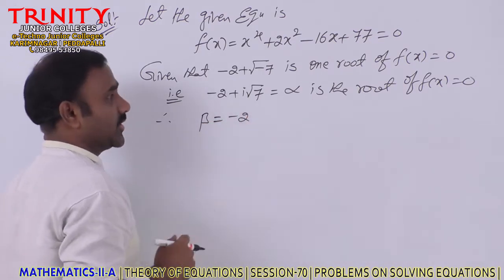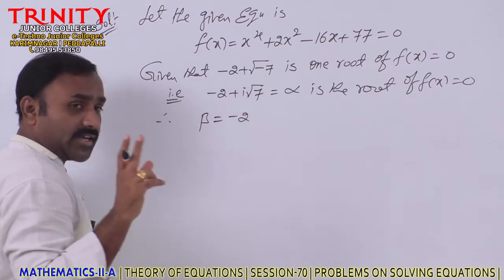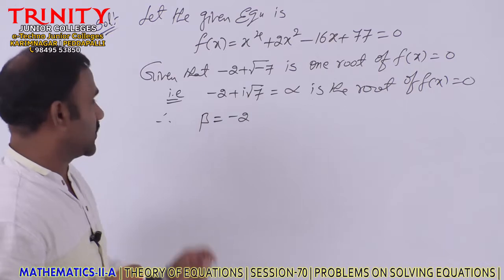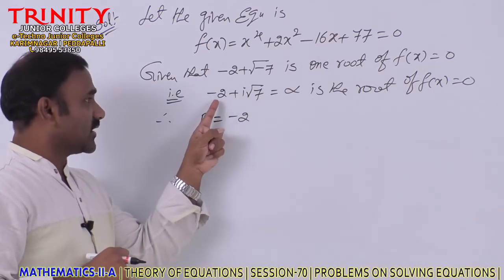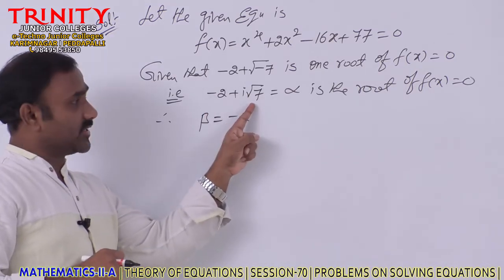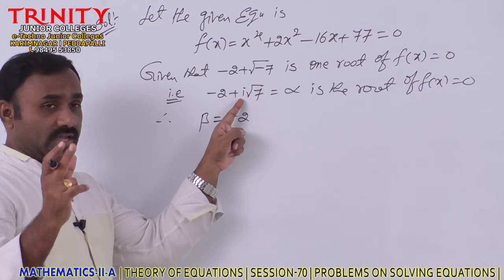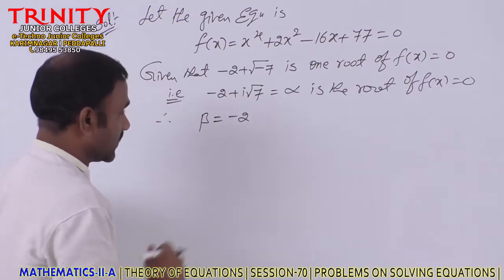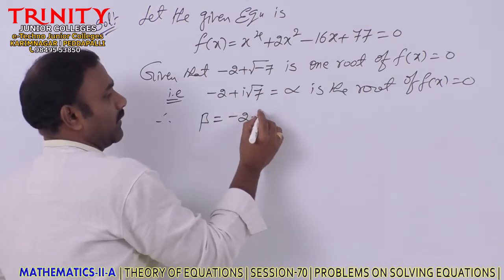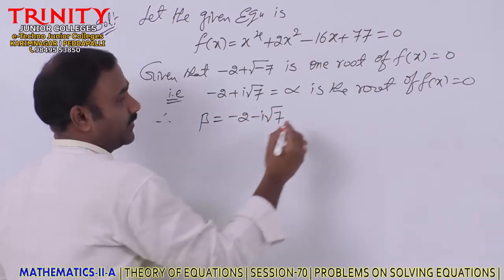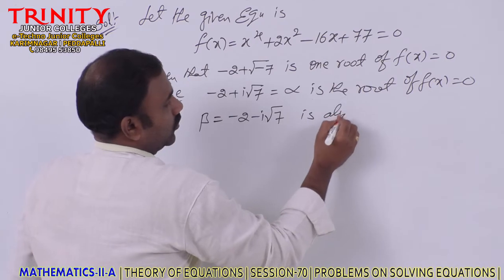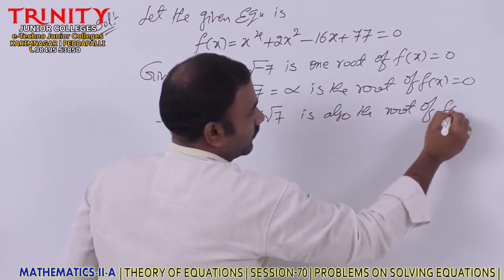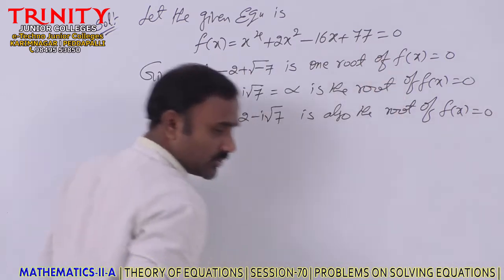In conjugation, only the sign of the imaginary part changes. There is no change in the sign of the real part. This is the real part and this is the imaginary part. Only the sign of i will change. The real part, minus 2, stays as it is. Therefore, minus 2 minus i root 7 is also a root of f of x equal to 0.